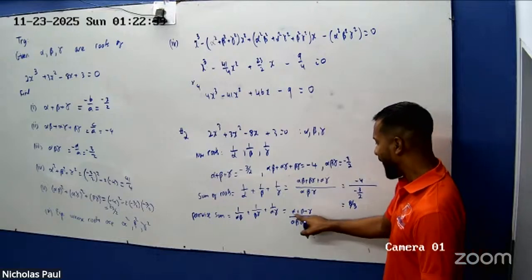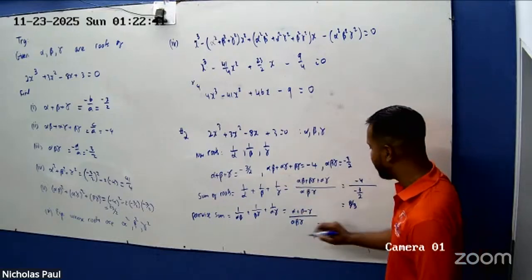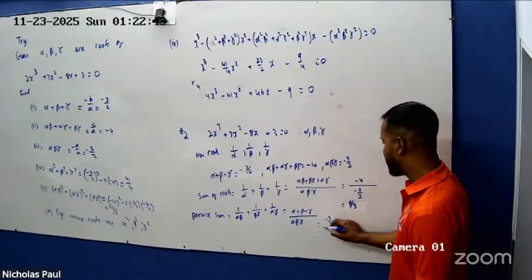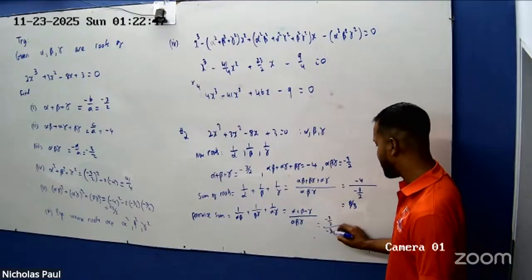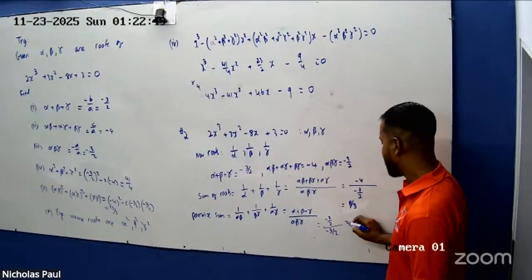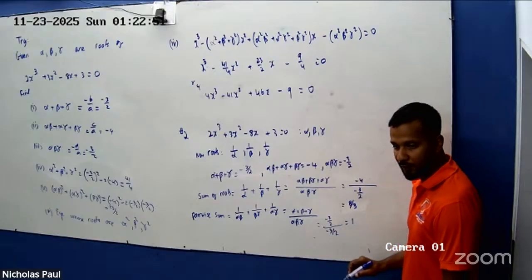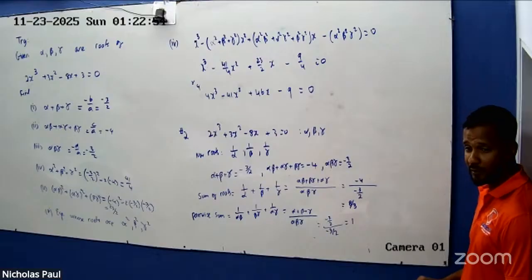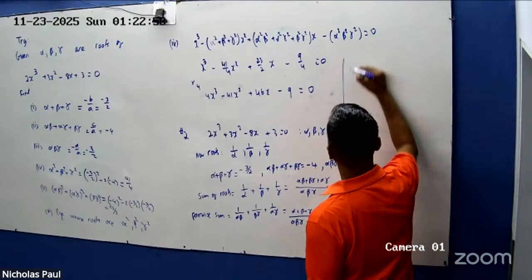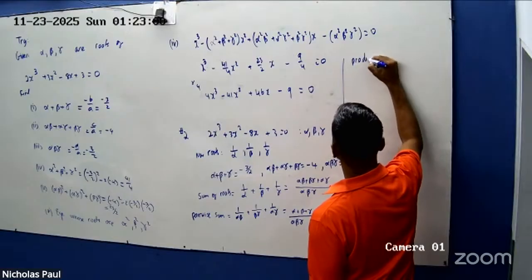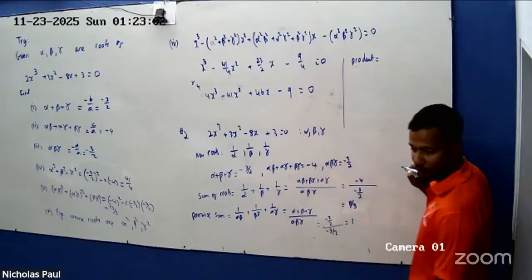So what is alpha plus beta plus gamma again? That's -3 over 2. And alpha beta gamma is -3 over 2 as well. So I got 1. Yeah? Are you okay with that? Lucas, how are we getting the product? Product is what?